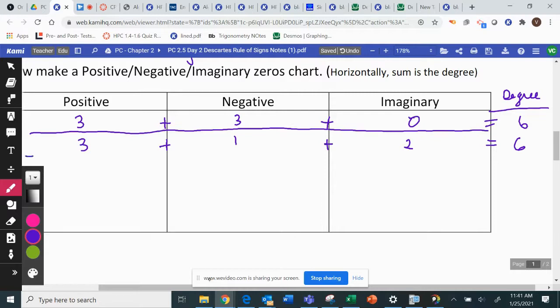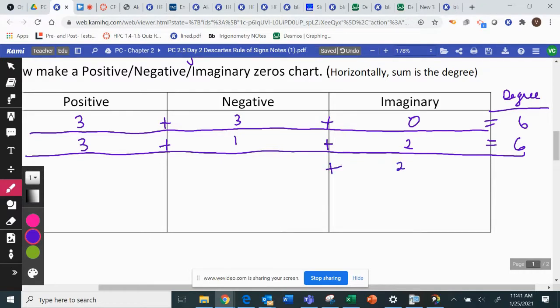These are different scenarios that we could possibly have. What if I had 2 imaginary? Could I have 3 negative? That would leave me with how many positive? 1. Okay, that would work.